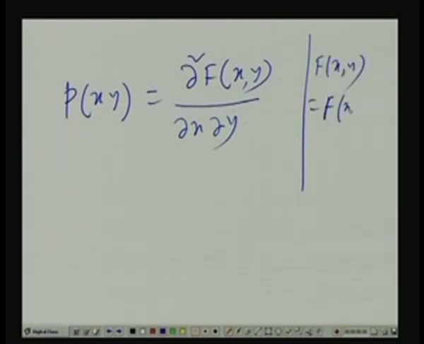And if you put it back here, then this simply becomes p x of x times p y of y.